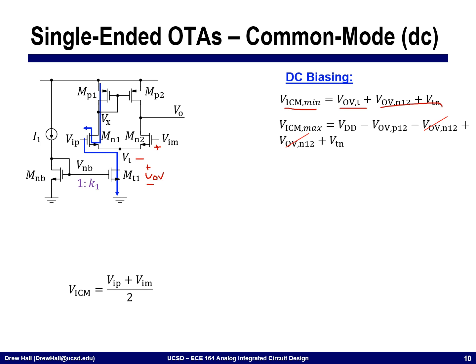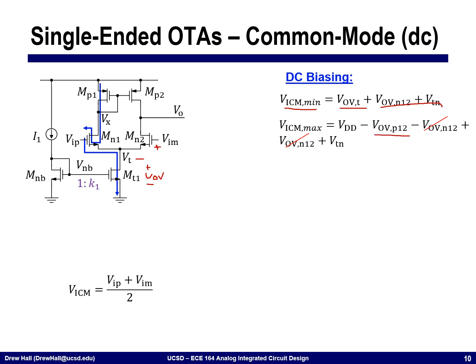On the other extreme, we should ask ourselves, how high can I take the input common mode before one of these transistors comes out of saturation? Okay. And so I can follow this path that I've highlighted here in blue and say that the input common mode max is equal to VDD minus what I need to keep this transistor in saturation, which is just 1 VOV.